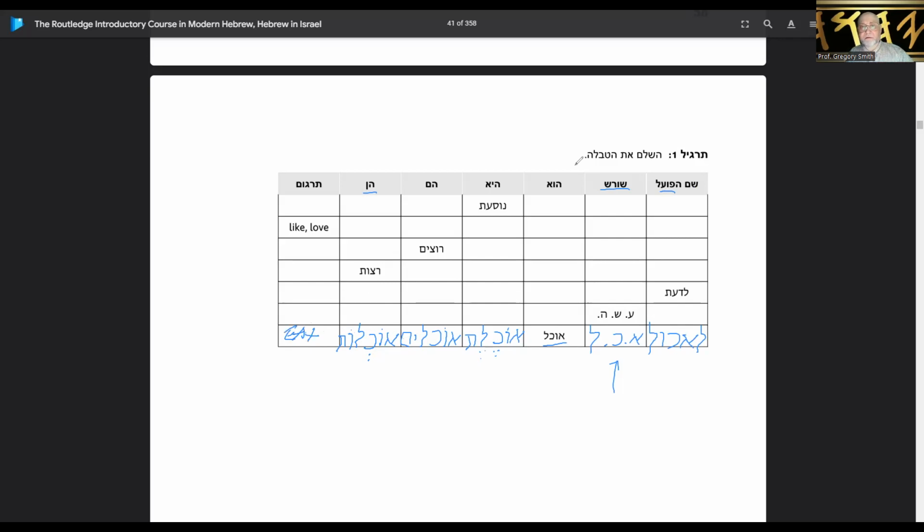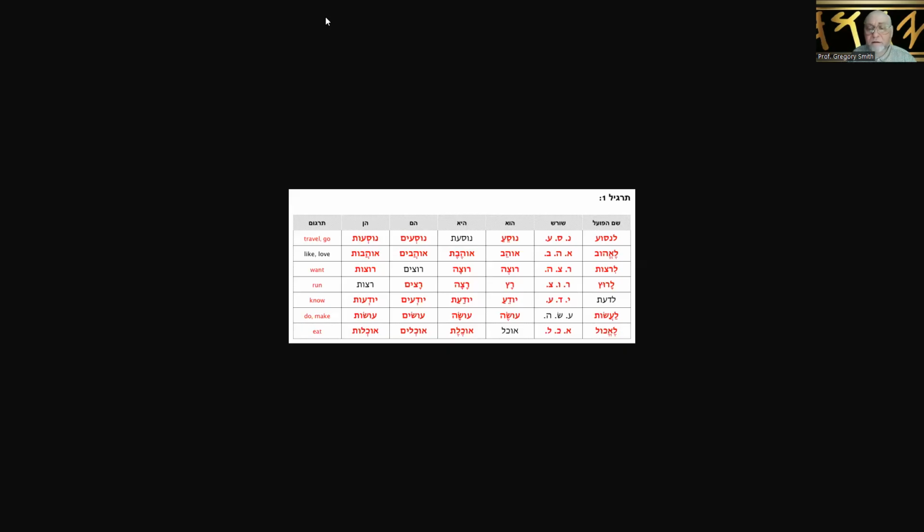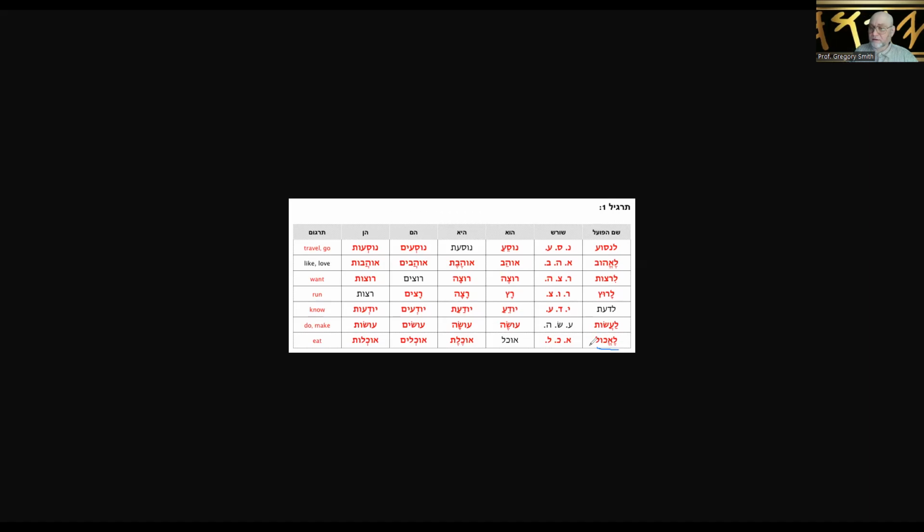To eat. Okay, so let's double check our answers. Here is the Shem Hapuel, le'echol, to eat. And then the shoresh is aleph, chaf, lamed. That's the root form. And then we have he is eating, ochel.